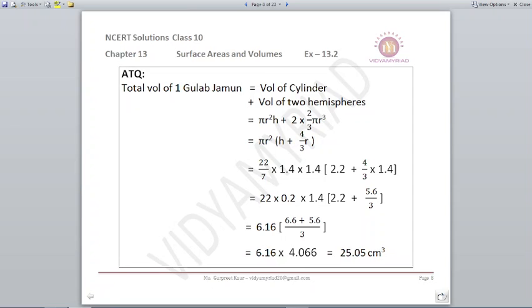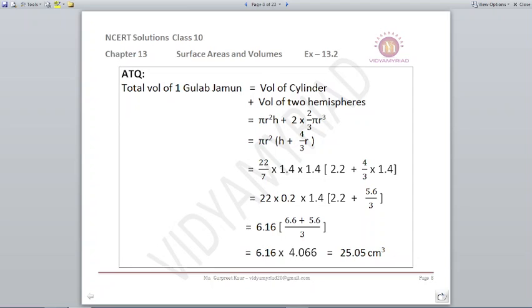We will find out volume of cylinder and volume of two hemispheres. So volume of cylinder is pi r square h, and for two hemispheres it will become 4 upon 3 pi r cube. On taking out common and on solving it, we get the volume as 25.05 centimeters cube. This is the volume of 1 gulab jamun.